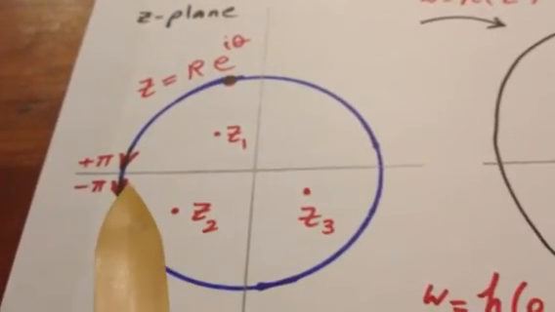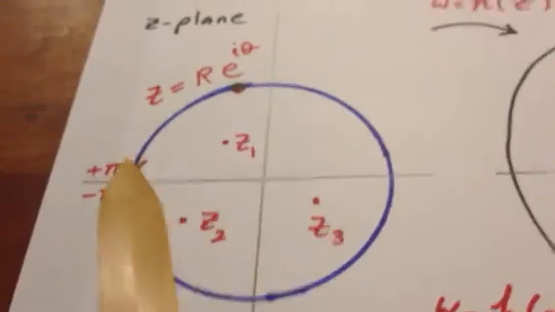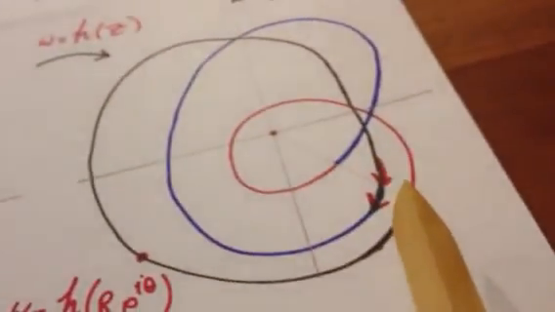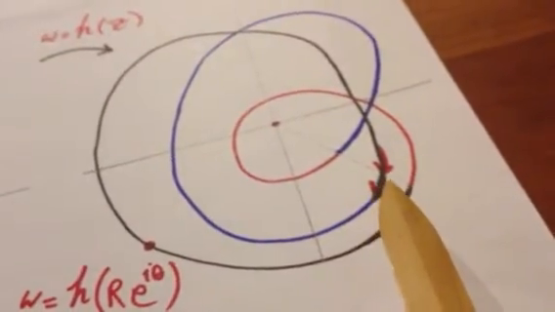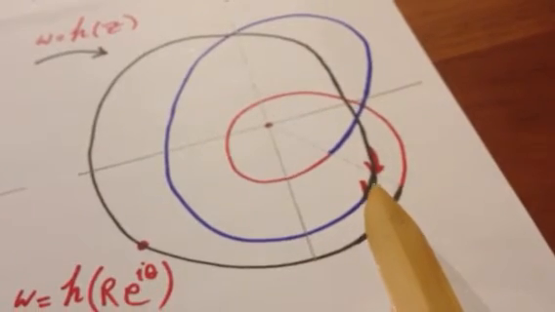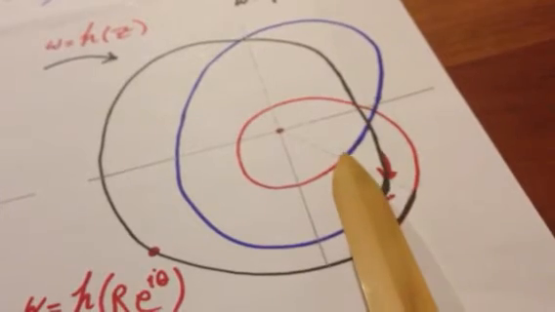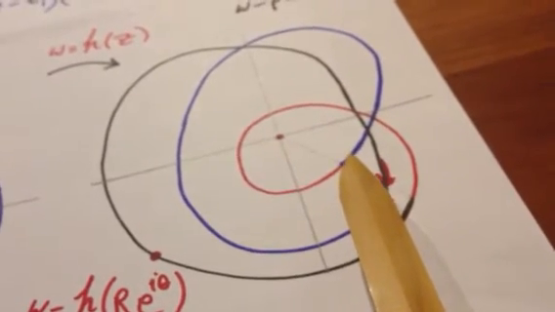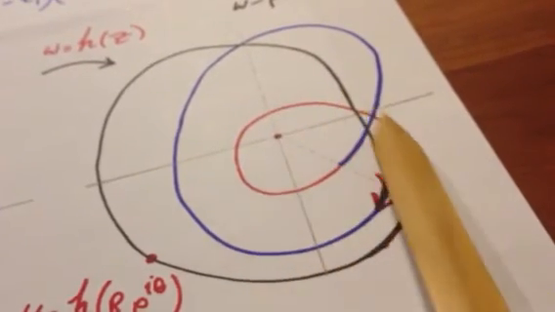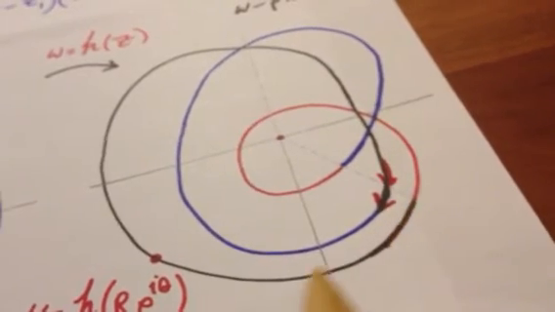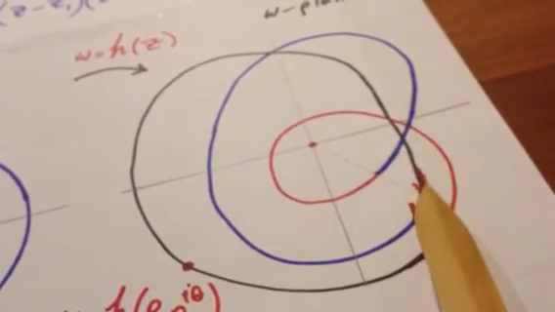So therefore, when z goes around this circle once, on the image side, for every one of those zeros, the image will go around the origin once. This is for z1, let's say, and this is for z2, and this is for z3.